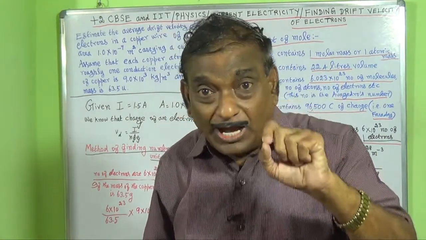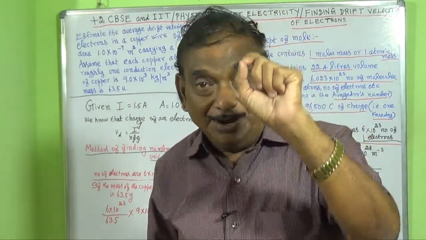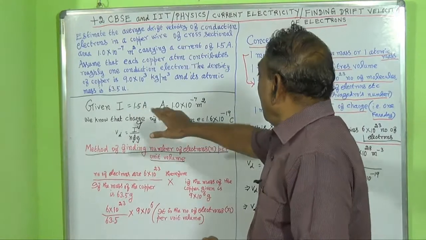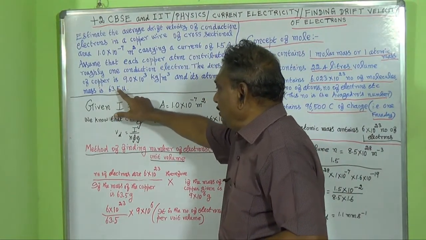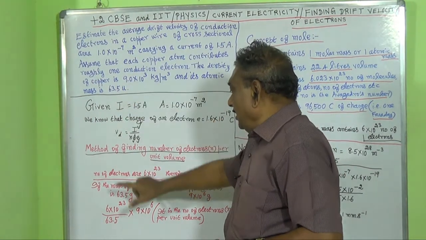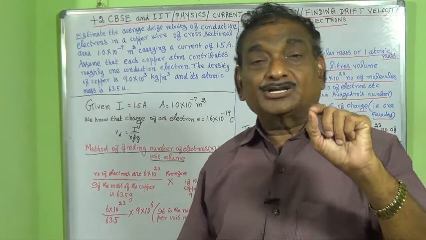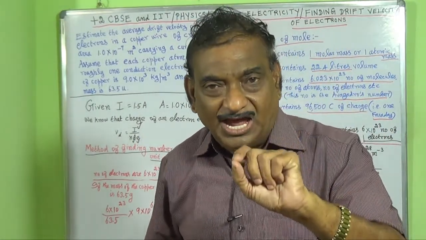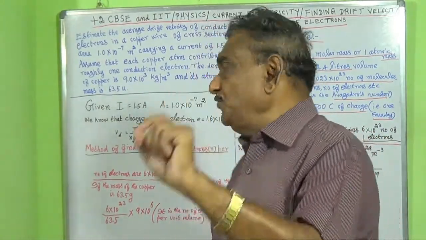Also know the atomic mass of one copper atom. In the sum, they have given the atomic mass of copper, that is 63.5 atomic mass unit. Therefore, if we express this atomic mass in gram, we can say that the atomic mass of the copper is 63.5 gram.